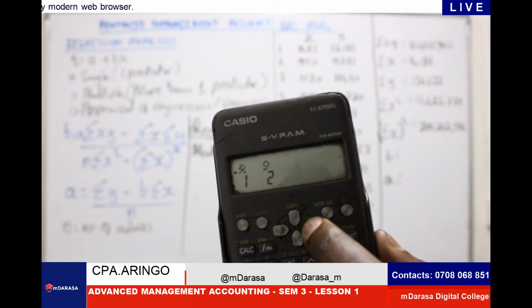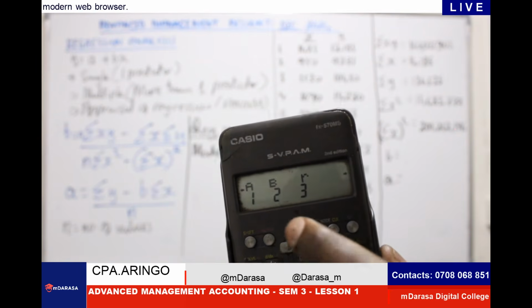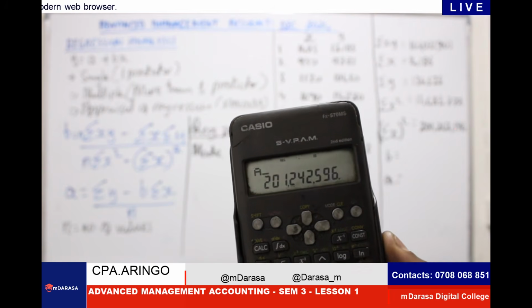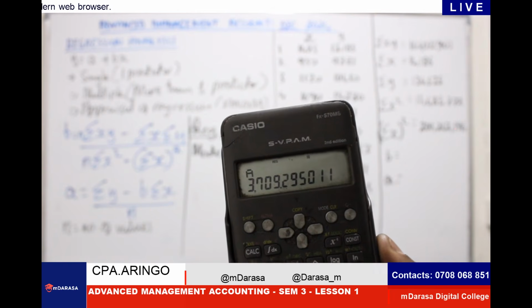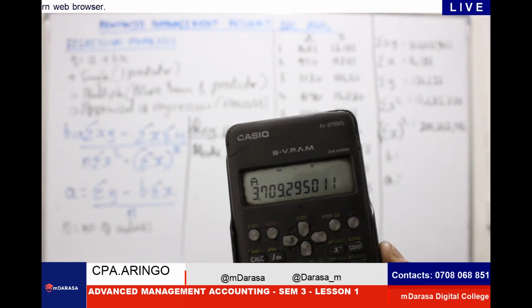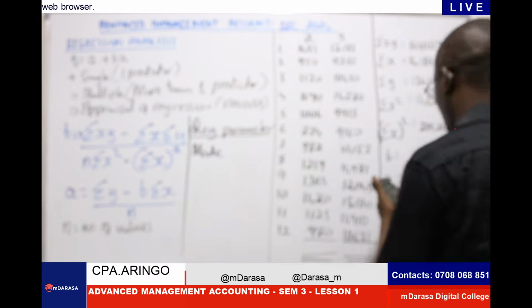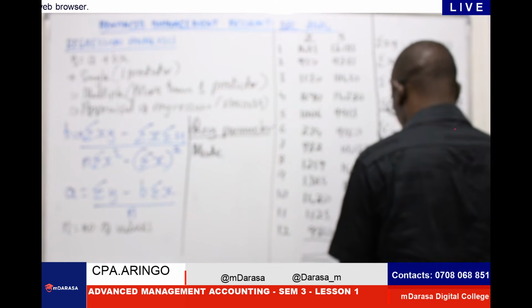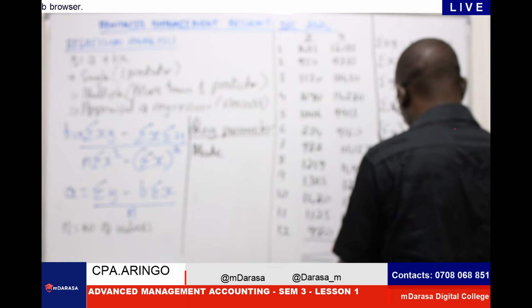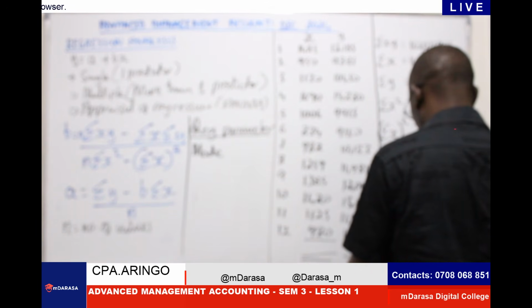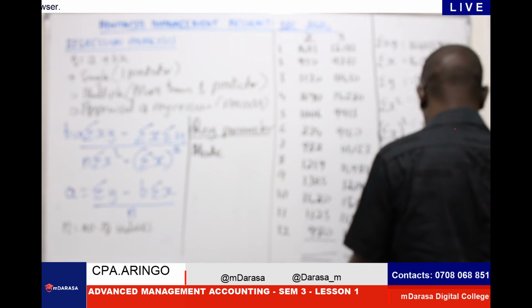If I scroll, I can see I'm having what? A, number 1. If I click number 1, then equal sign, A is giving us what? 3.71. I come and have A to be 3,709.29.